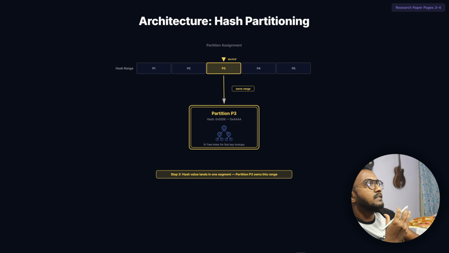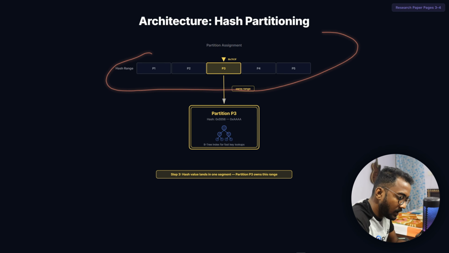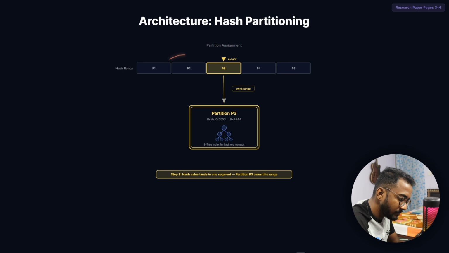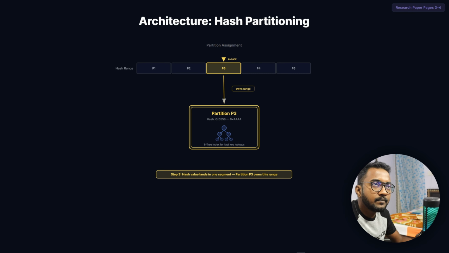The hash space is divided into partitions, and these are contiguous ranges. Each partition owns one of these ranges. The entire range is broken into contiguous ranges. Now let's say user 42 hashes into some particular range, let's say P3.